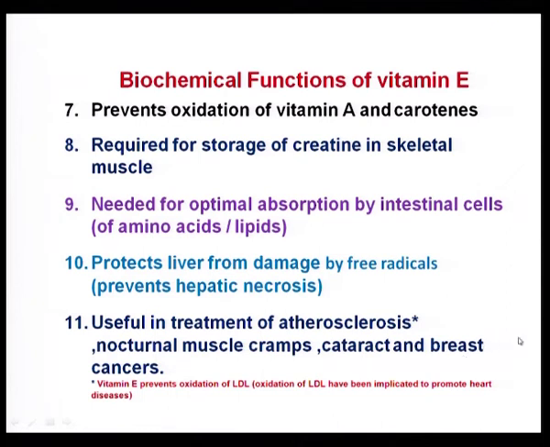Now, what will happen if vitamin E is not there? Vitamin A and carotene will get destroyed and their function will not be realized at all. Vitamin E is also essential for creatine storage in skeletal muscle, and for the absorption of many important lipids and amino acids you need an adequate amount of vitamin E in these areas of absorption.